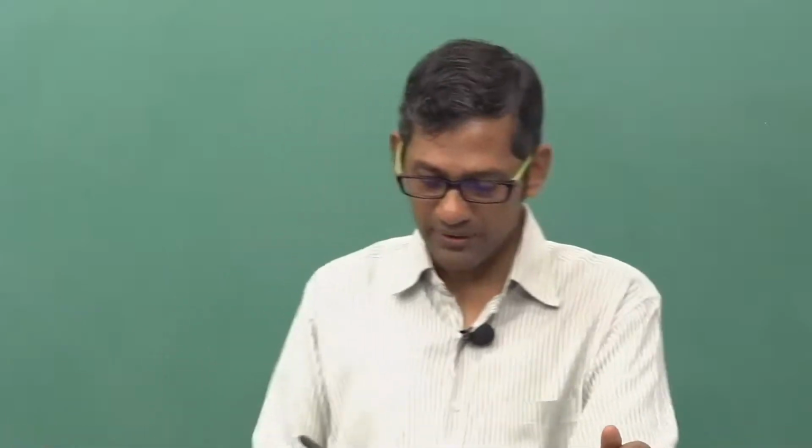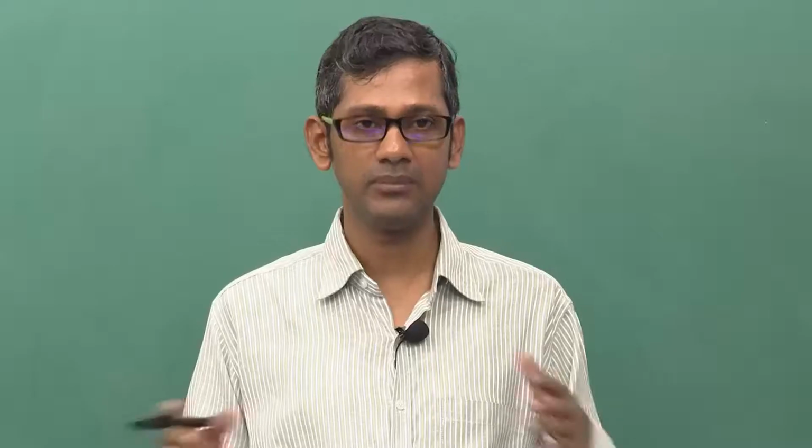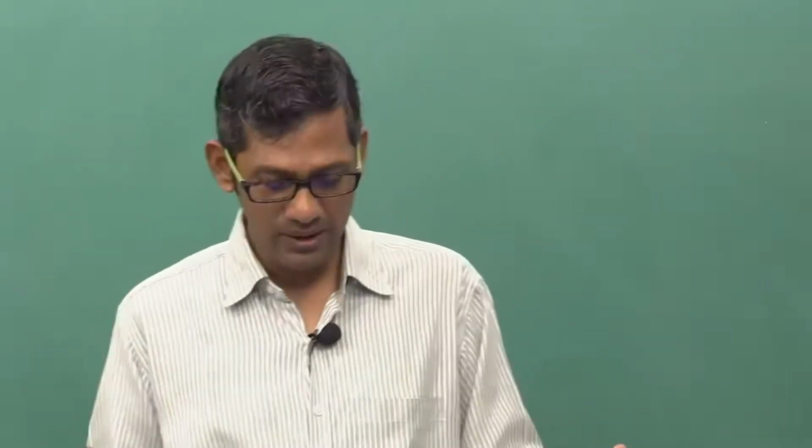What actually happens is supersaturated alpha will transform to alpha 1 plus GP zones. GP zones are actually a kind of sheet of copper atoms sitting on the aluminum lattice on the 001 planes of the aluminum FCC crystal structure.